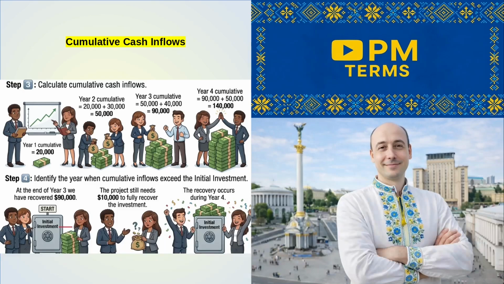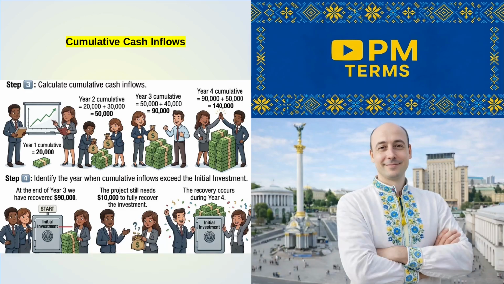Year 4 cumulative equals 90,000 plus 50,000 equals 140,000.